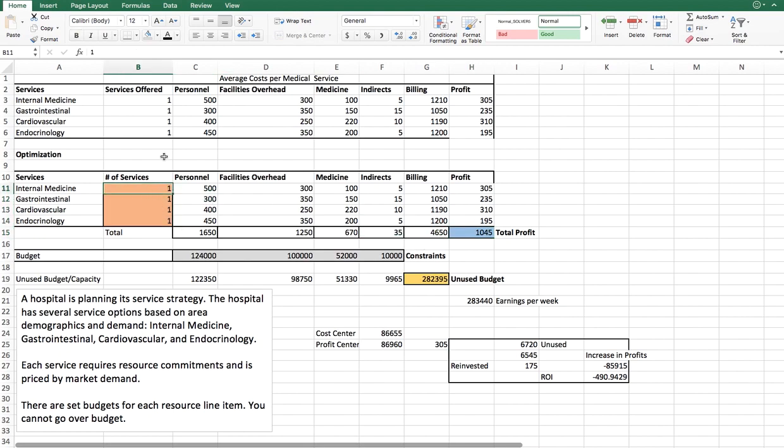So we basically use the same set out here, except that now this is a product. So make sure that this is a calculated column, which basically means it's equal to this times that. So if you offer one internal medicine service, you have $500 in personnel cost times that, so 500.